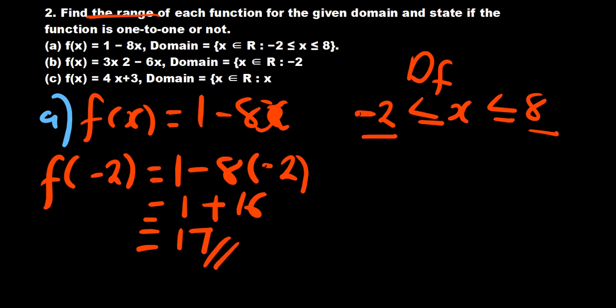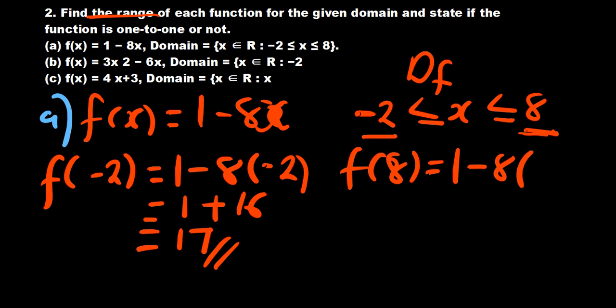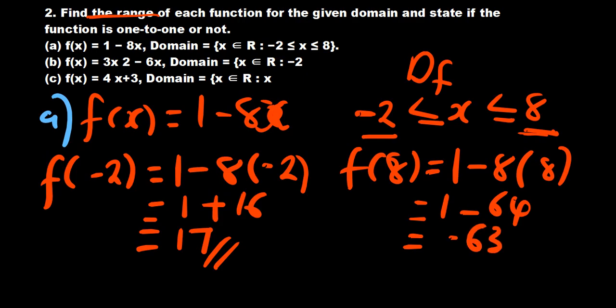Then what about at x = 8? f(8) = 1 - 8(8). 8 multiplied by 8 is 64, so 1 - 64 is -63.